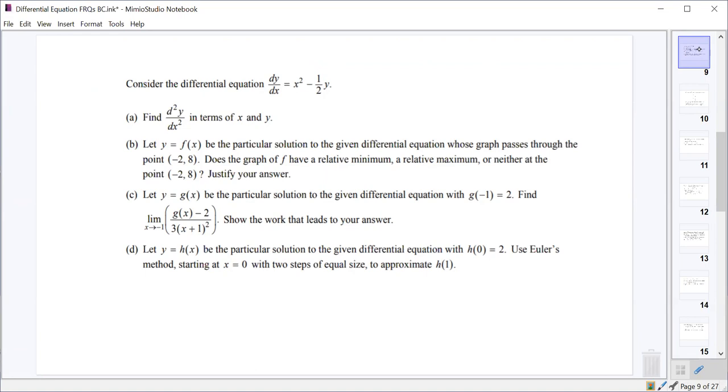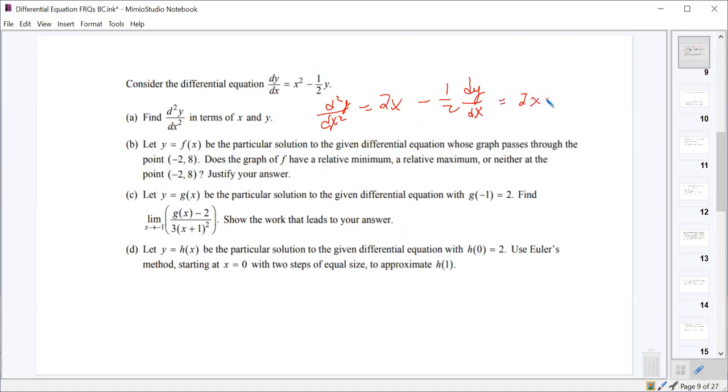So first off, finding the second derivative. So our second derivative, derivative of x squared is 2x. Derivative of 1/2 y is 1/2 dy/dx. And if you leave it in this form, like 1/2 dy/dx, they will not give you the points for that.